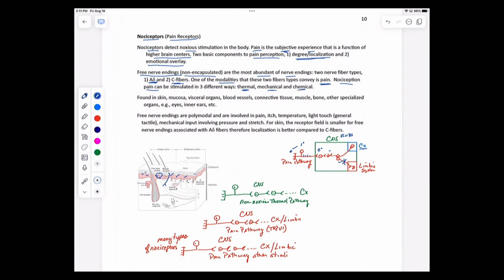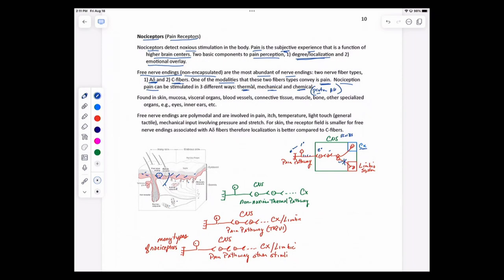Now, sometimes we lump the following into chemical, sometimes not, but protons, which is going to be pH, also can stimulate pain. It can also stimulate temperature. So sometimes you'll see in the literature where chemical and protons are separate, and sometimes they're folded together, but you get the idea. So it's temperature, mechanical manipulation, and then chemical / pH protons.